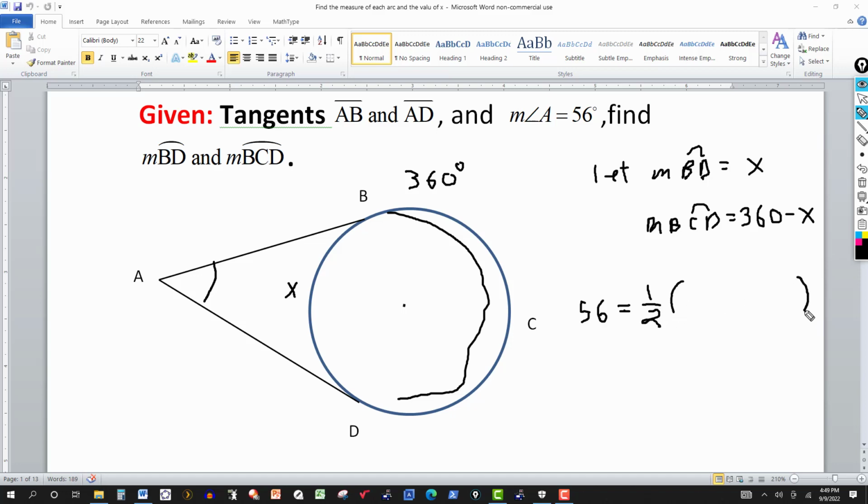And again, remember, when the vertex is outside the circle, generally you take the difference of the large arc and the small arc. So the large arc measure is 360 minus X, and then the small one is X.